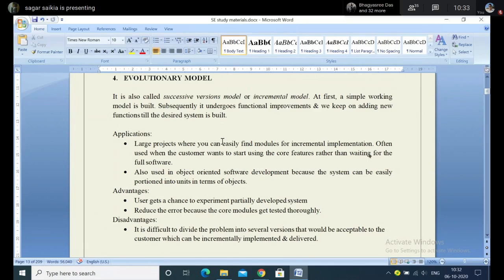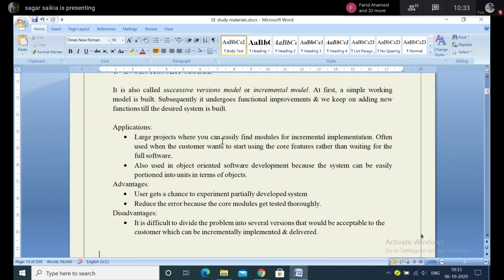When the next one is developed, that one is tested and executed again. In that way the partially developed system is experimented with phase-wise, so the possibility of making any kind of error is reduced.